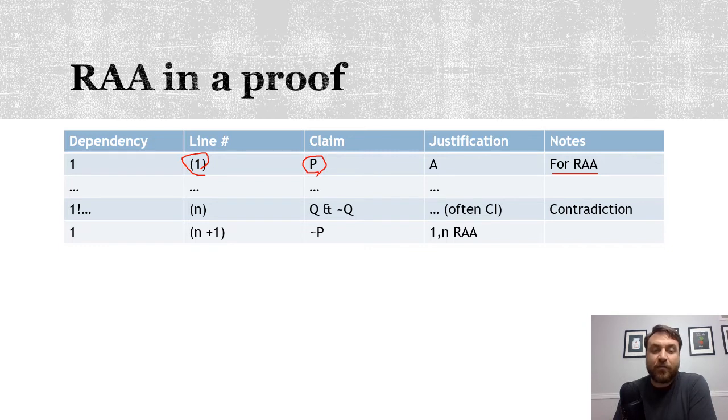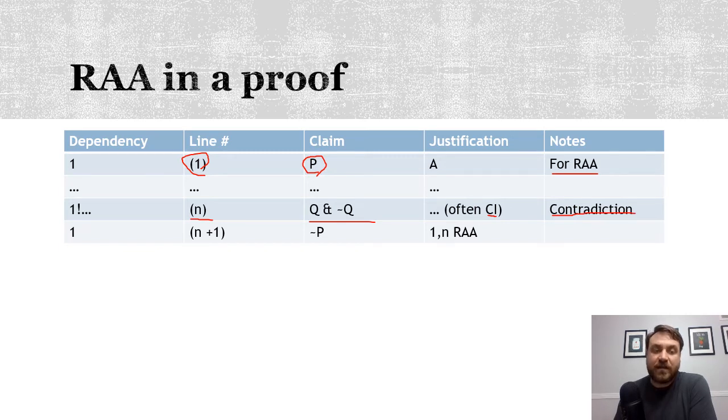And then at some point, you have some later line where you get a contradiction, a thing and its negation as a conjunction. A lot of times conjunction introduction is going to be how that happens. You'll have something and you'll have its negation on another line. You'll join them together. You'll note over in the notes that this is a contradiction.